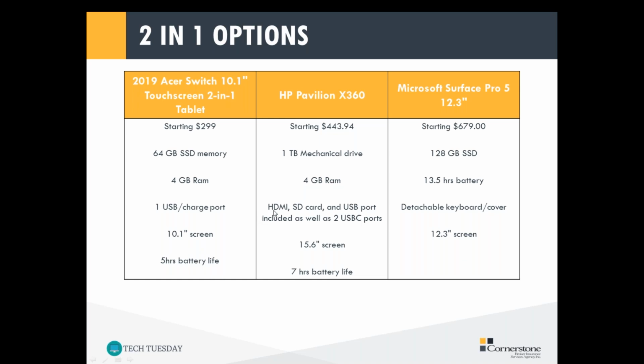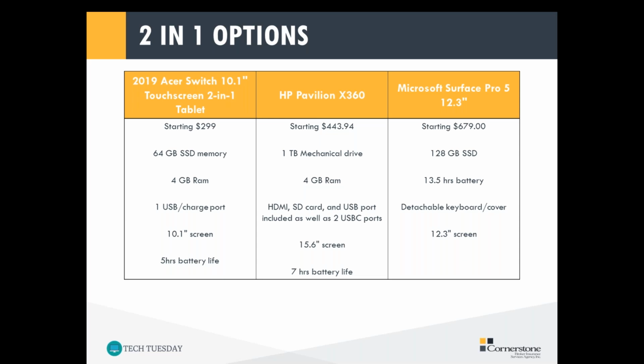You've got the HDMI, SD card, USB port, and USB-C, which is the new USB port, with a 15.6-inch screen and 7 hours of battery life. This really ends more toward the laptop side of the laptop tablet debate, but it's a very good computer if you're looking for an all-in-one.